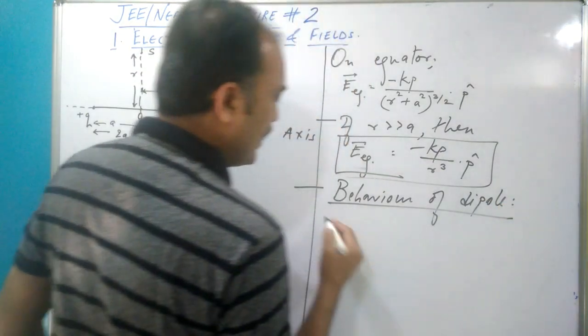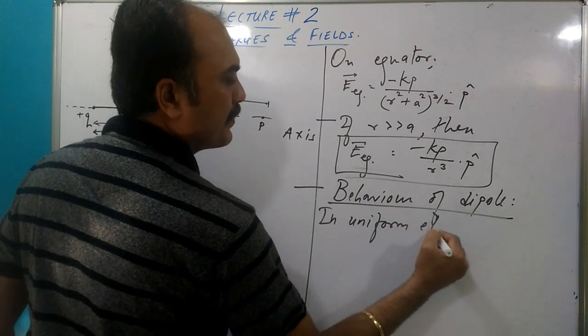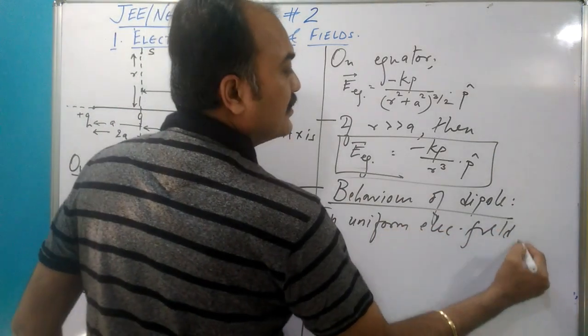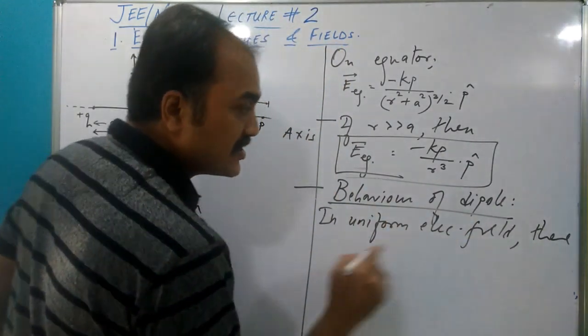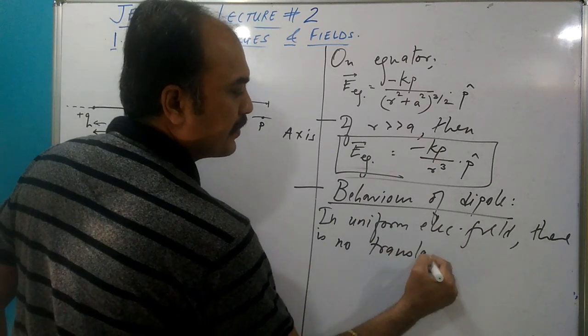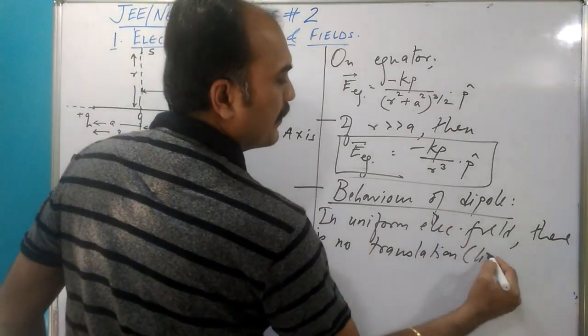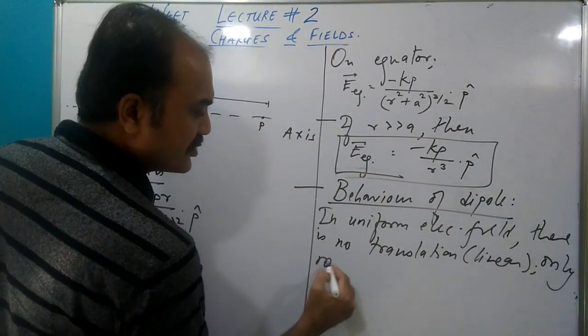In a uniform electric field, there is no linear motion, there is no translation. Only rotational motion.